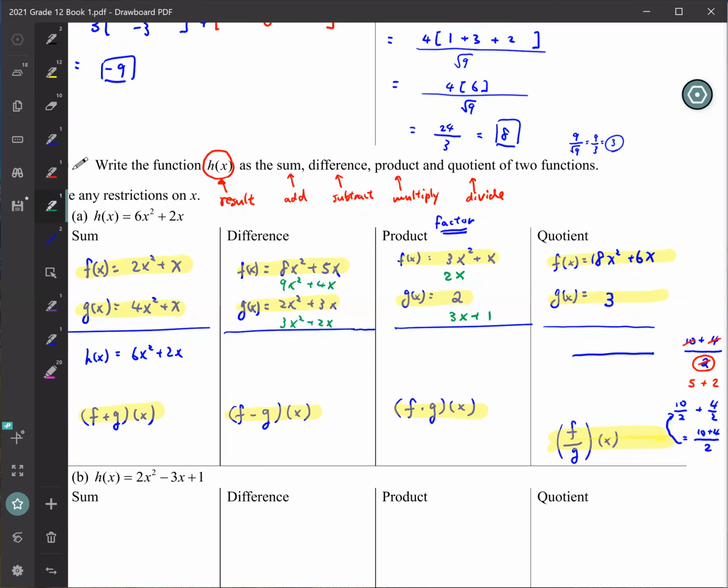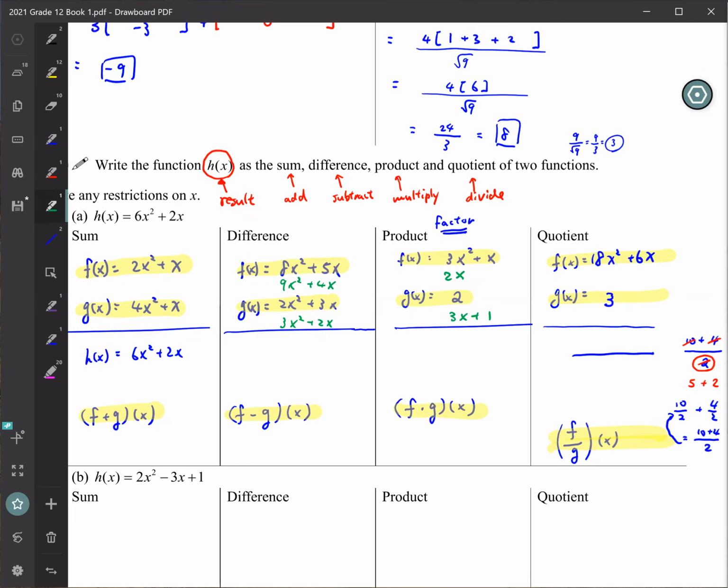Can you change the 4 to... Are you talking about the numerator? Yeah. Wait, sorry, I can't think. Okay, take your time.